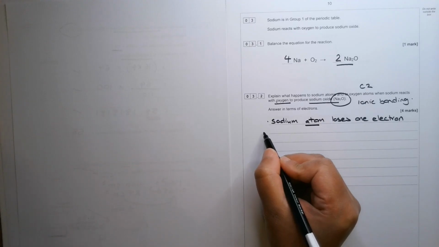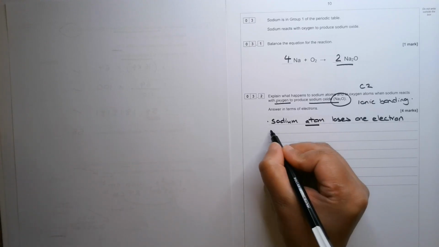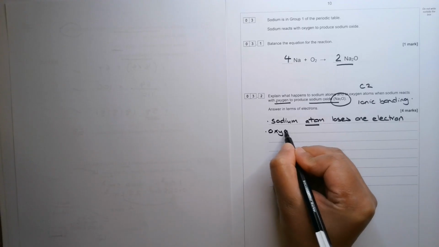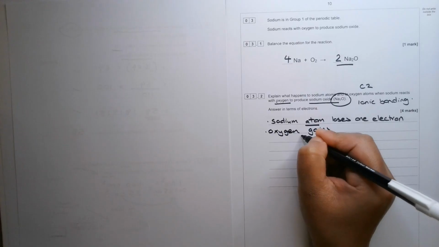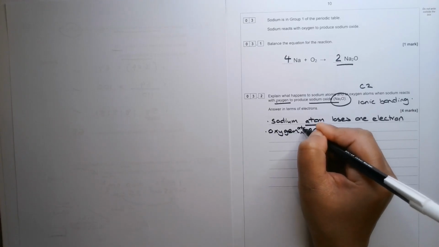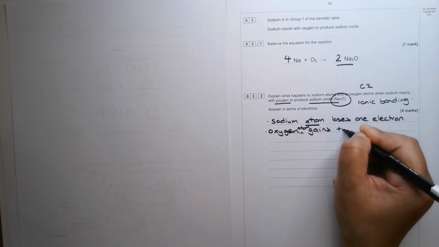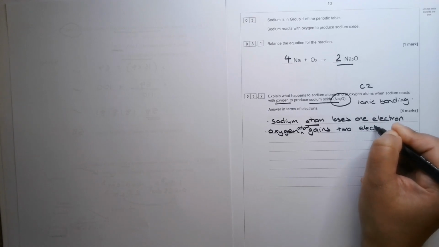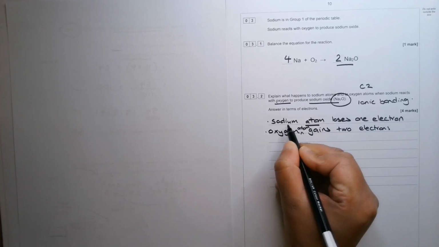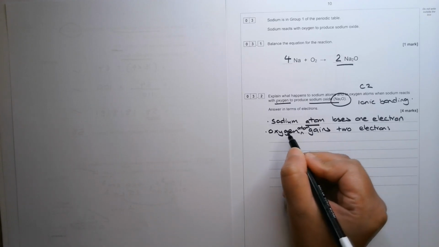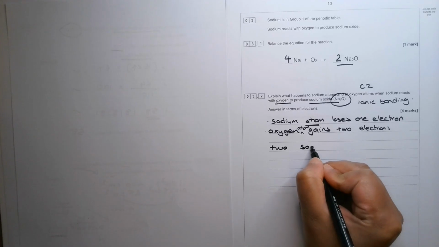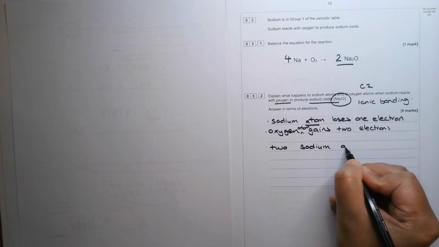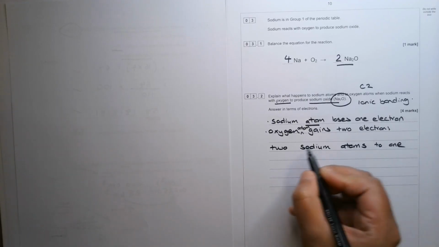It needs 2 electrons. So oxygen atom gains 2 electrons, but sodium is only giving 1, so this means that there must be 2 sodium atoms. So 2 sodium atoms to 1 oxygen atom.